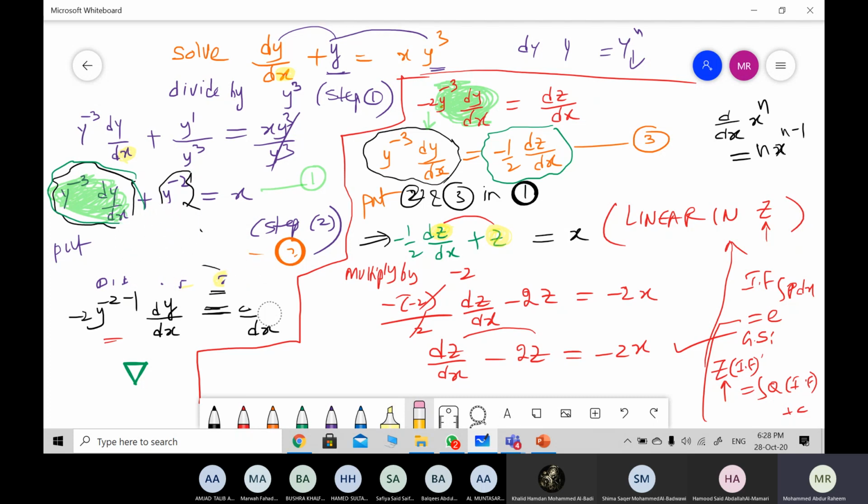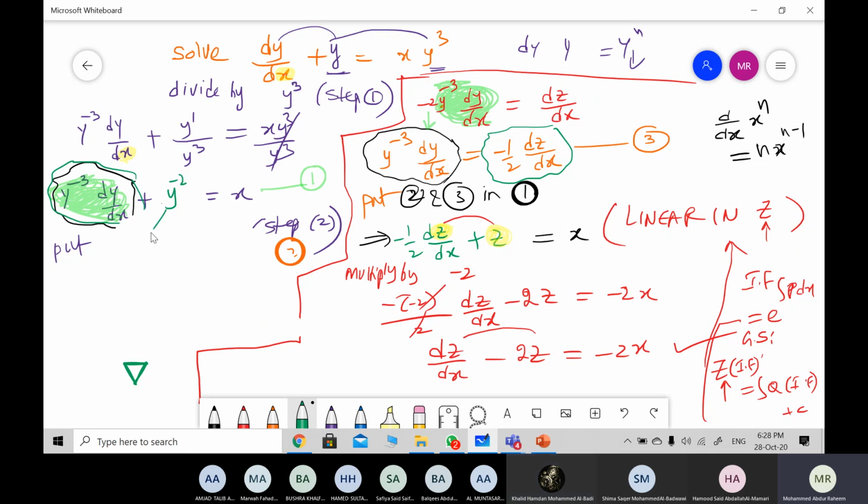Yes, a little bit confusing. But I know we replace y with z. Okay, put this. That is step 2.